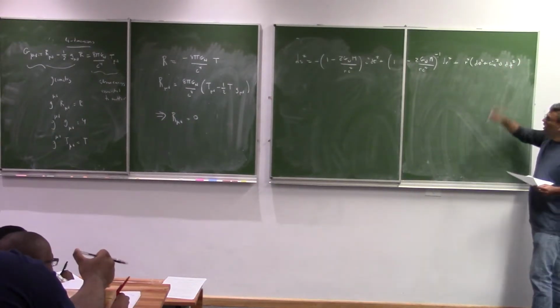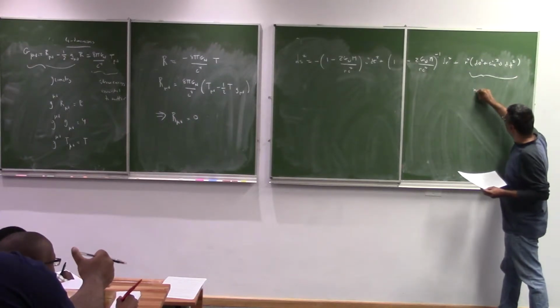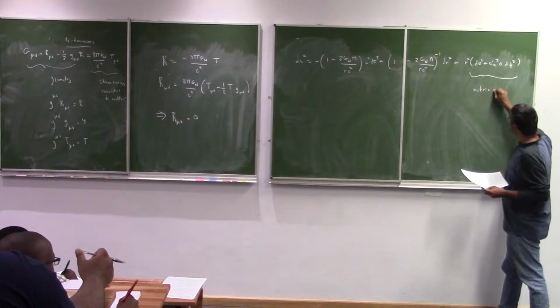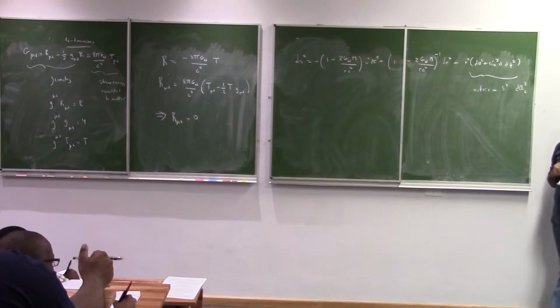So this is the round metric on S2, which I'll call d omega 2 squared for shorthand.